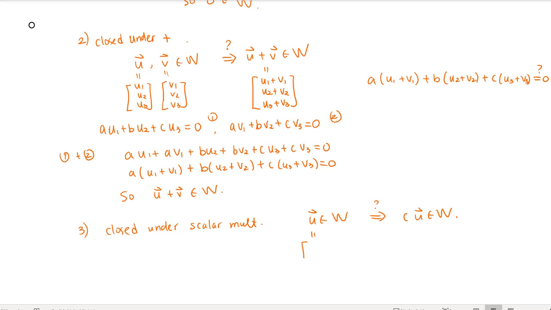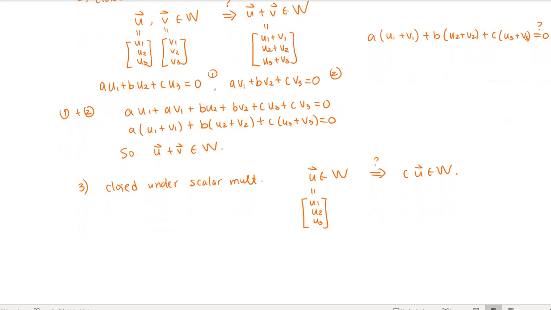So U in W means U1, U2, U3 is in W. So now this vector satisfies A U1 plus B U2 plus C U3 equal to 0, right? And then we want to multiply by c.